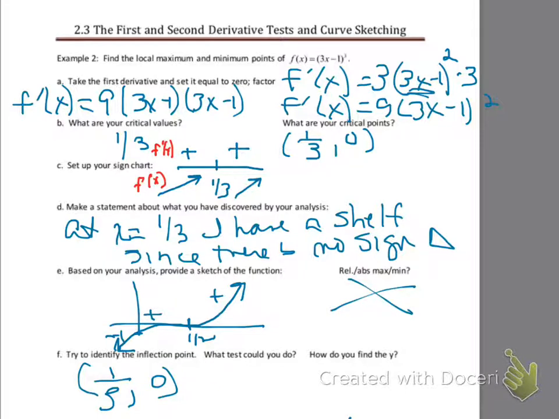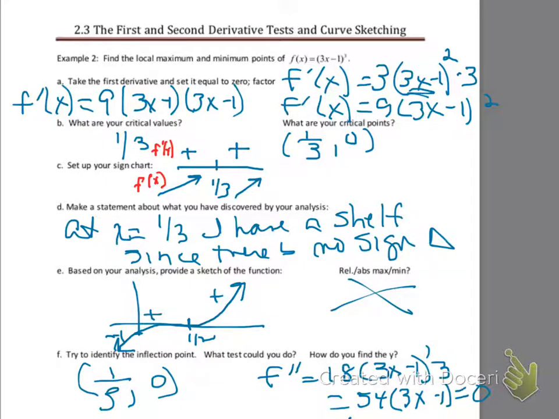If I wanted to back up what I'm thinking with a second derivative test, take the second derivative, and that would equal, just look at your first derivative. Okay, so this is 18 times (3x - 1) to the first power now times 3, which is 54 times (3x - 1).